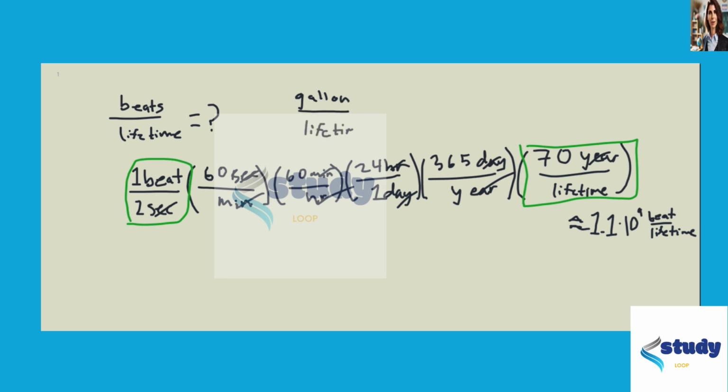And gallons is a unit of volume. And we're conveniently given that we can assume that for each beat, there's 50 cubic centimeters pumped per beat. Okay, and so we could just begin with this approximation of 1.1 times 10 to the 9 beats per lifetime.